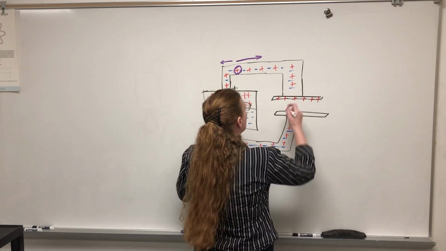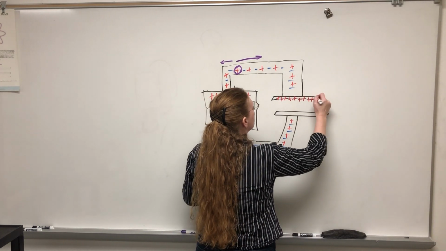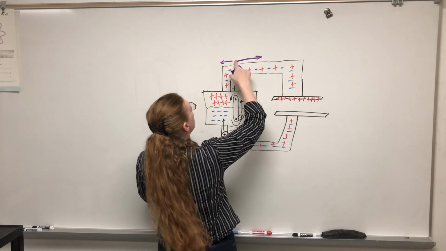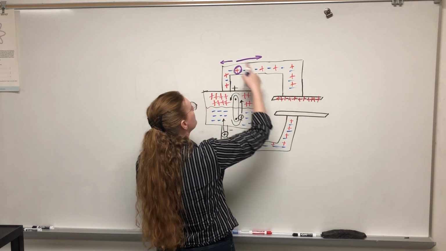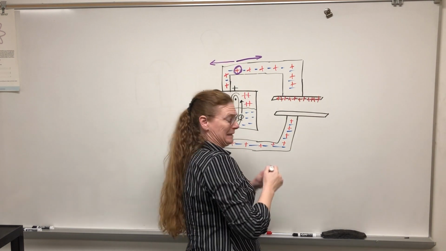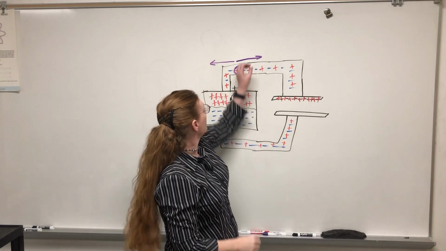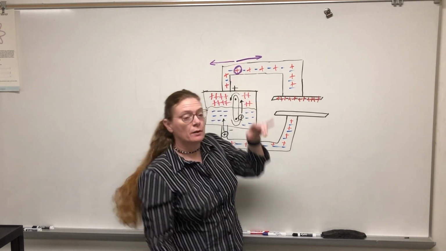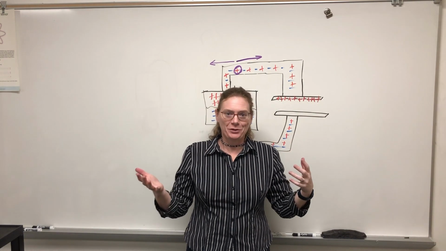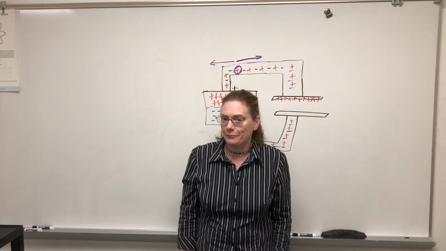A few moments later, we've dumped even more charge onto the positive plate, which means that the push from all of these is even bigger. And you can kind of see, hopefully, what's going on there is at some point, these two pushes become equal. There's no more unbalanced force, unbalanced push, and the charges stop flowing.